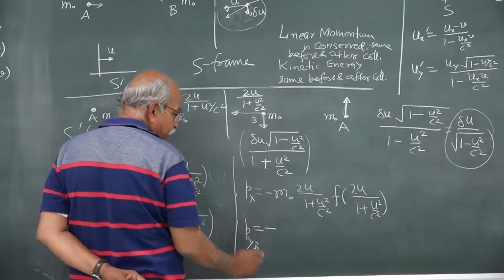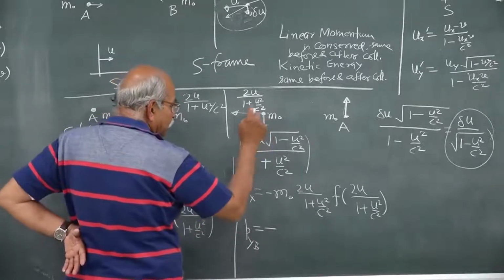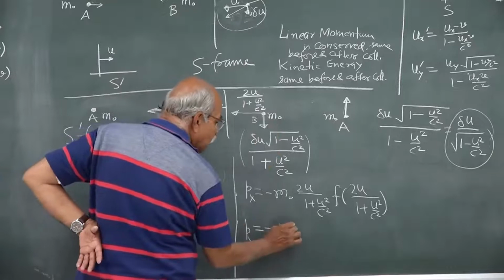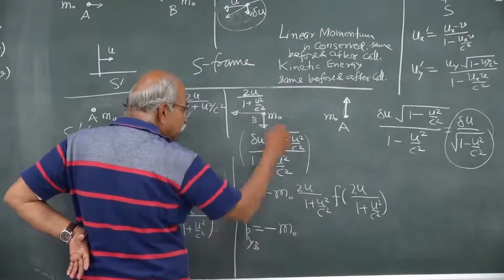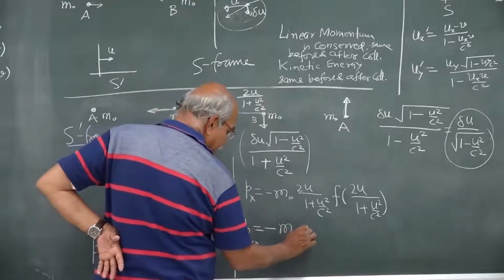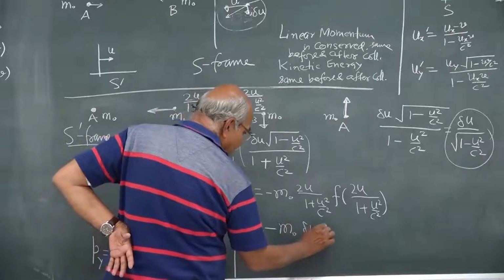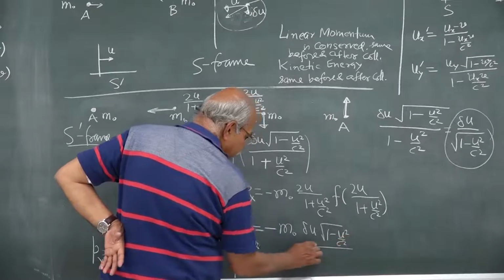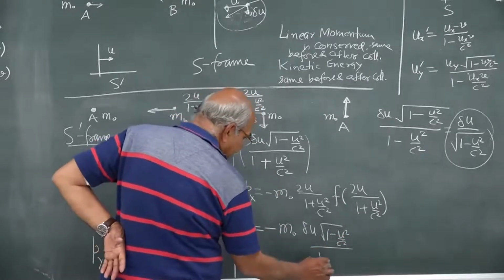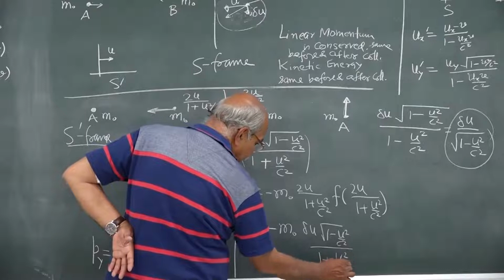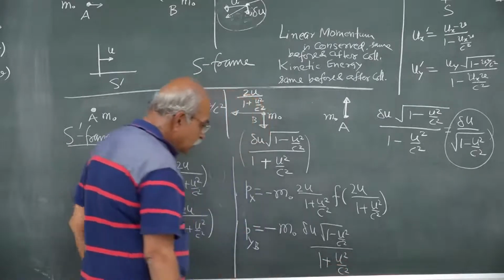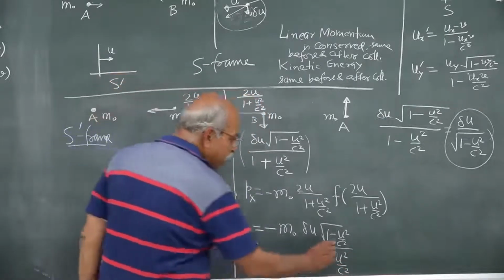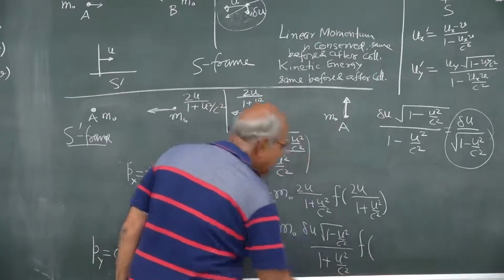So py of B will be mass of the particle m naught, then the component of velocity in this direction, that will be delta u, and square root of 1 minus u square by c square divided by 1 plus u square by c square, and f of the speed of the particle.